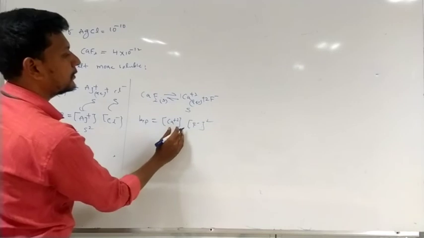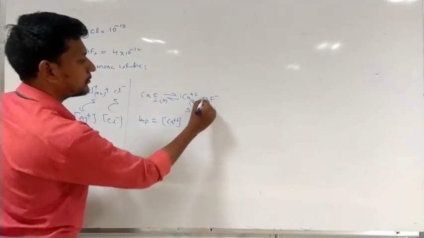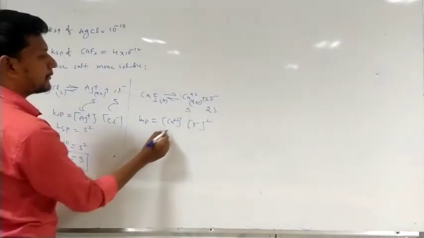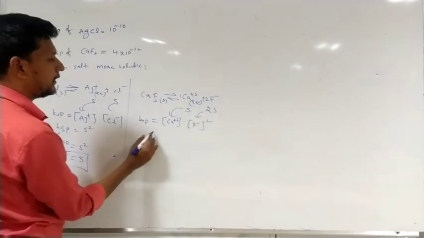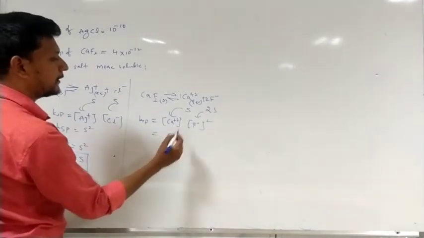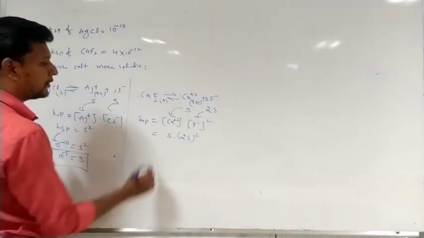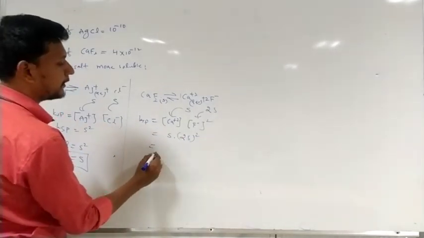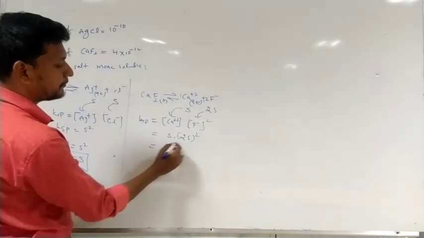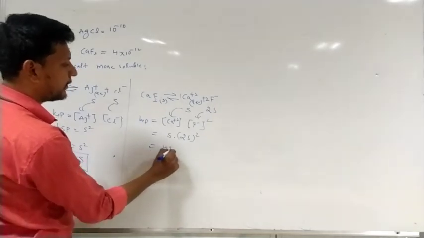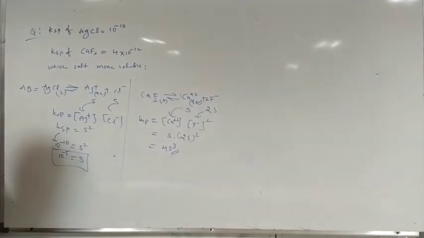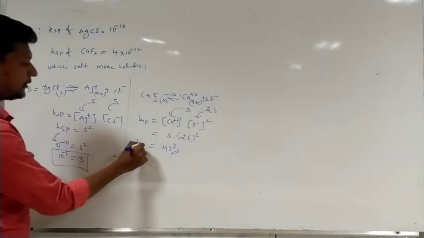Here this is 1 S, but here 2S. Here I am substituting this, and here we get S into 2S whole squared, which gives 4S cube. Here this is equal to Ksp.